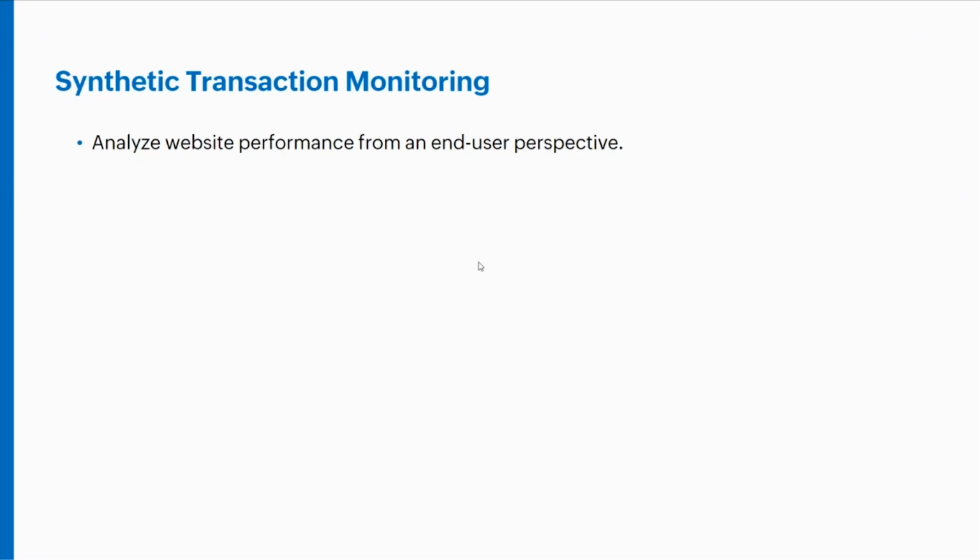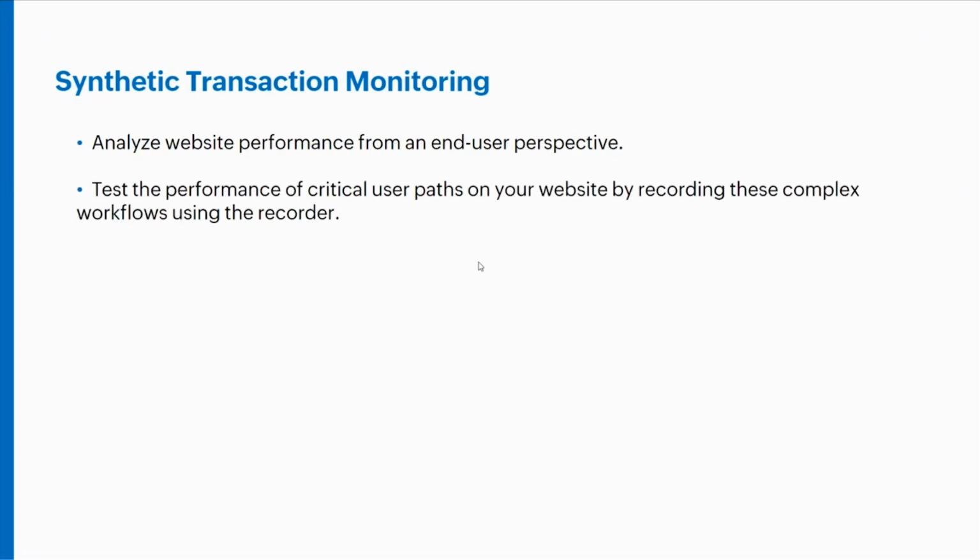Synthetic transaction monitoring involves analyzing website performance from an end user perspective, which can help you identify issues that might otherwise go unnoticed. It also lets you record complex workflows to keep an eye on important transactions that are taking place on your website.